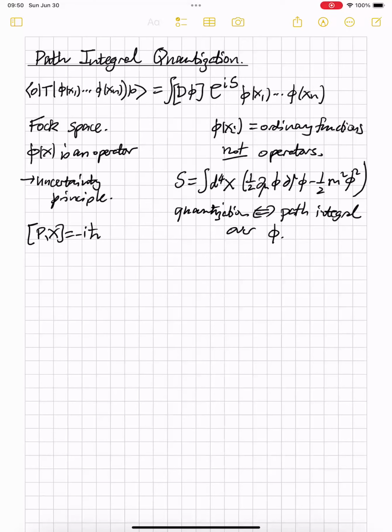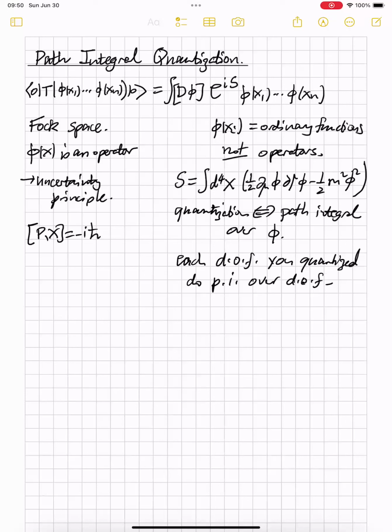In the path integral, for each degree of freedom you quantize, you do the path integral over the degree of freedom. So now we're quantizing a degree of freedom not by postulating some commutator, but by doing the path integral over that degree of freedom. So the quantization looks rather different.